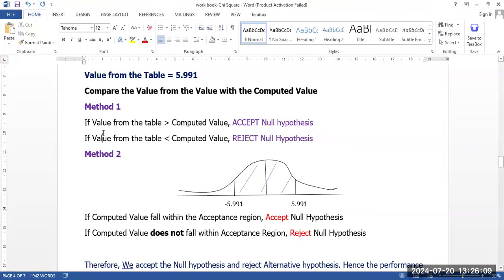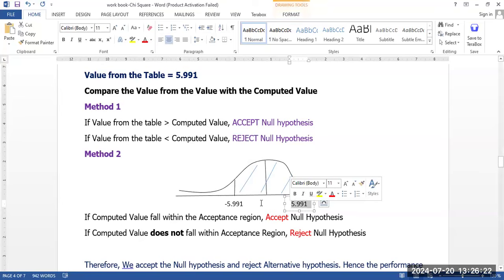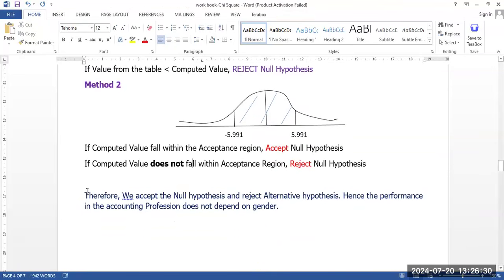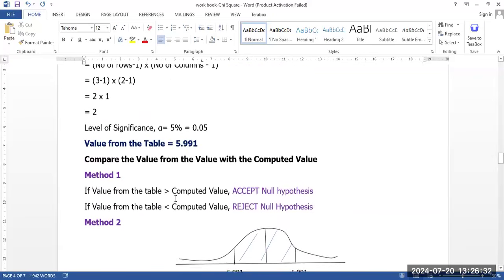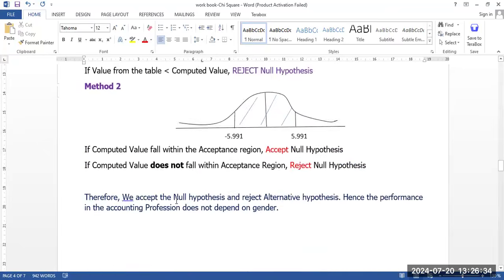Remember, as we conclude, our focus is on the null hypothesis. Null hypothesis is the one we put here, the value from the table. Compare it with the computed value and conclude. Any other question? Any question about this?